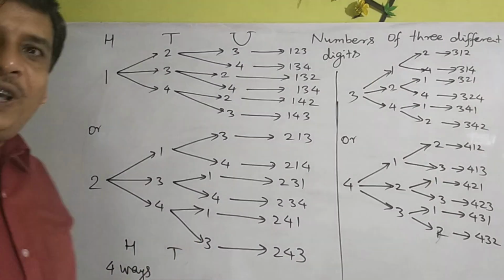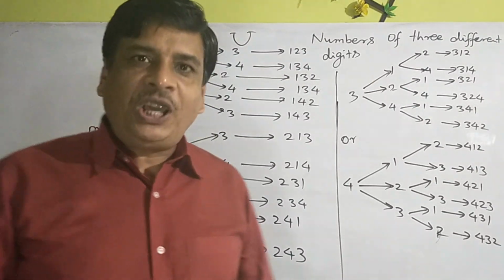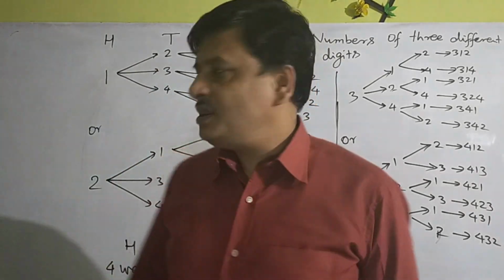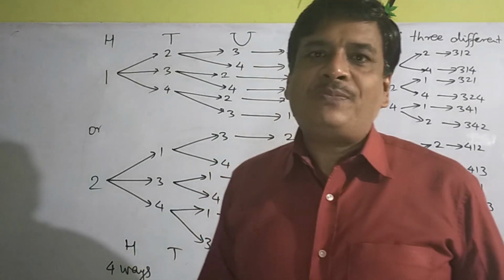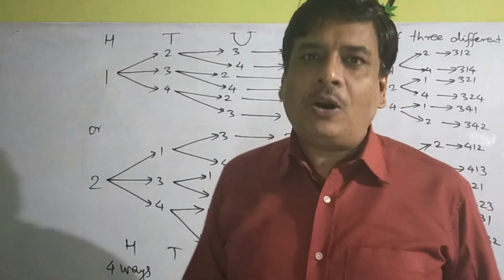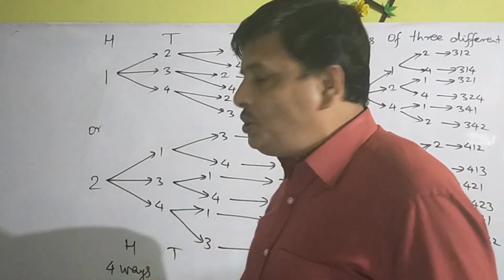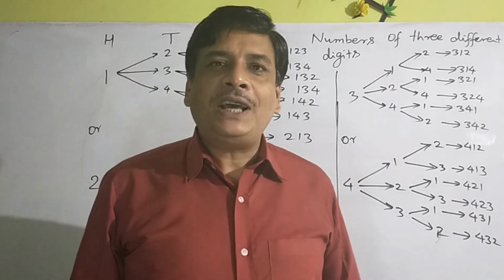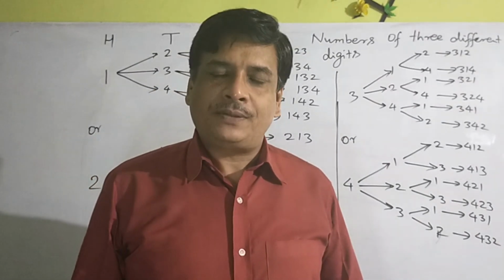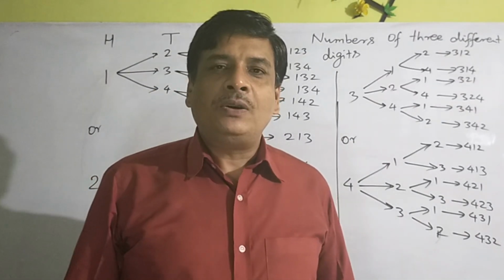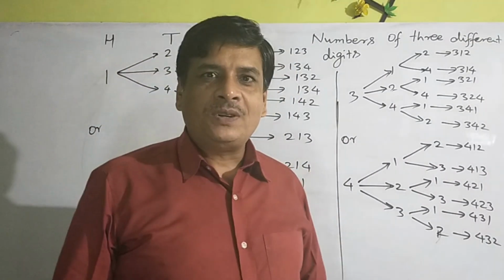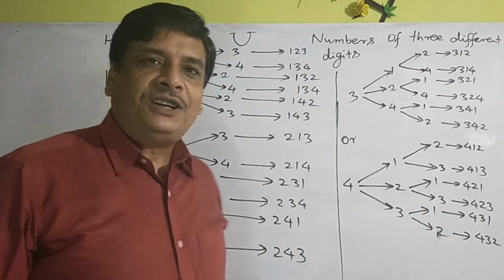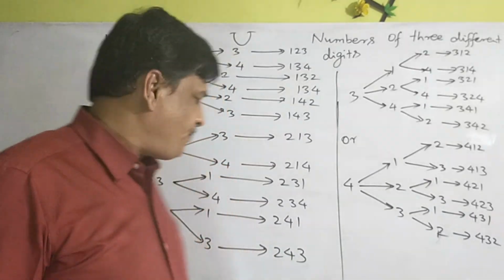In every question we will not make such a diagram to count the number of ways by which the numbers can be formed. It is convenient in this case, as we have taken only 4 digits. In case we have taken 5, 6, 7 digits, this process will be lengthy. So we should understand the technique of how we count the numbers.